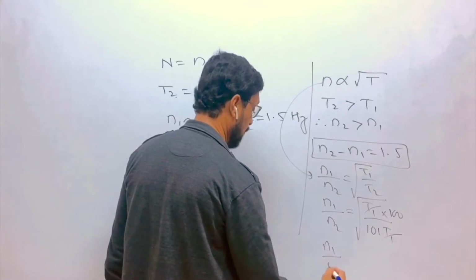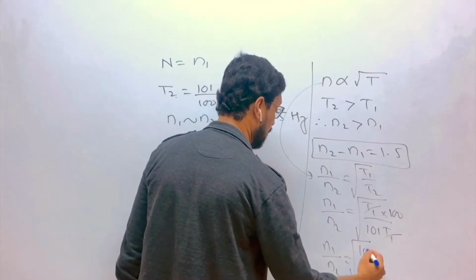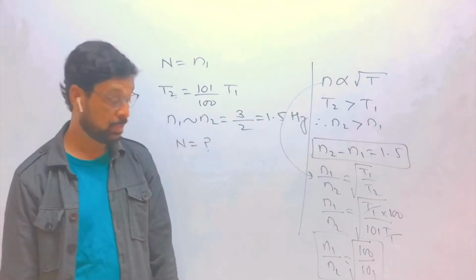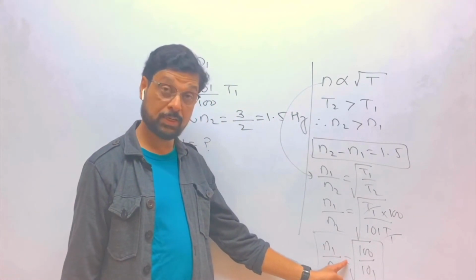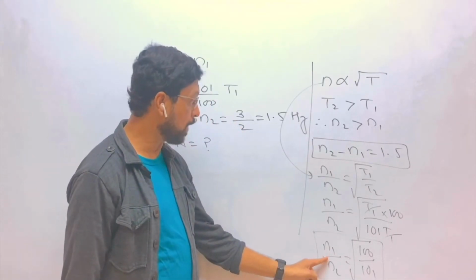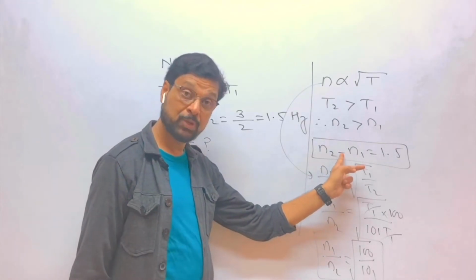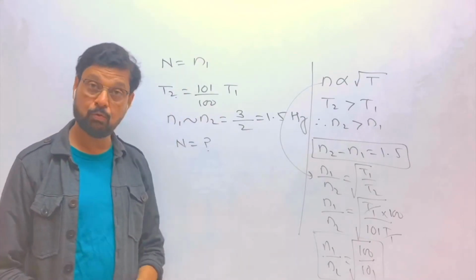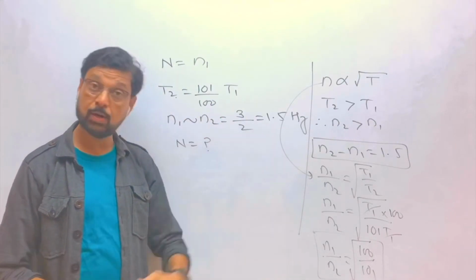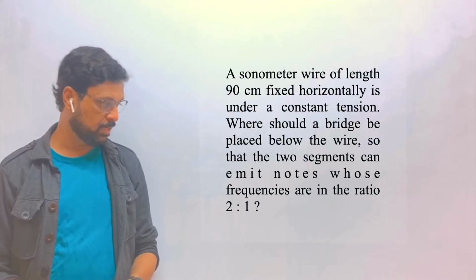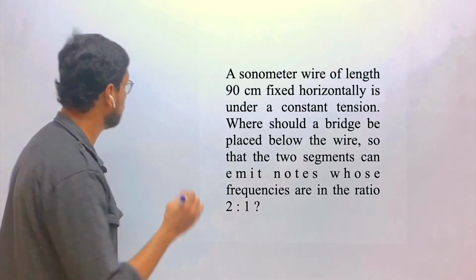So n1 upon n2 is equal to under root 100 upon 101. You'll have to solve it using log table because we want exact answer, and put that value of n1 or n2 here. You'll get the value of frequency of the fork, that is n1. Now I hope you can solve it on your own and solve it. A sonometer wire of length 90 centimeter horizontally.